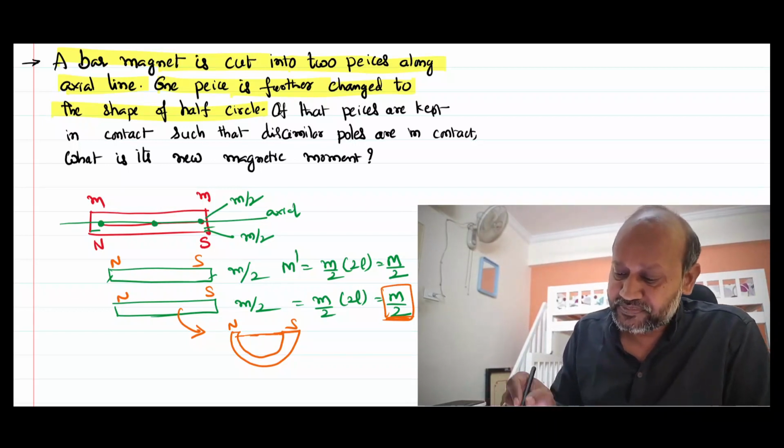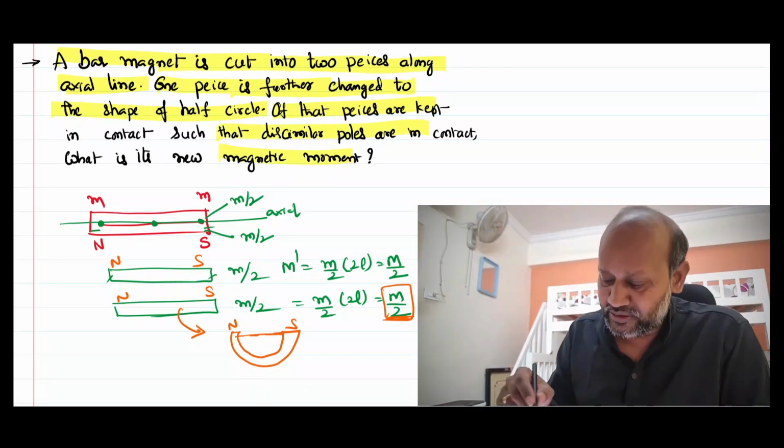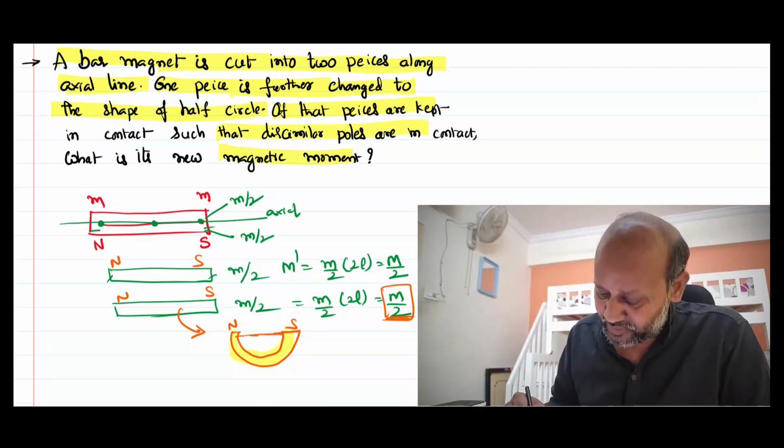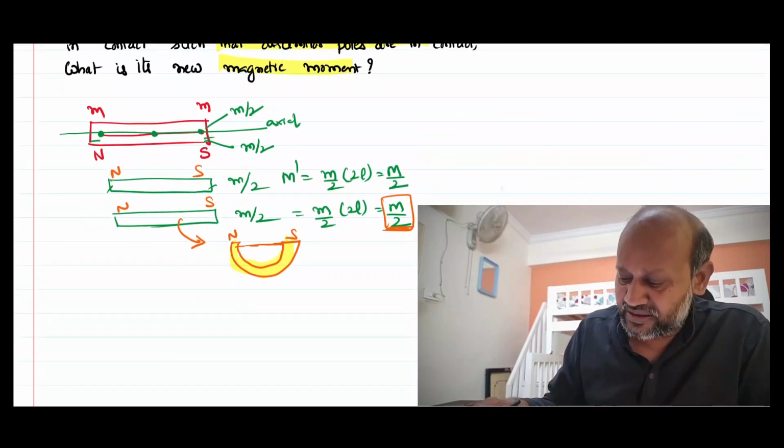Then he is saying that two pieces are kept together. So what is the new magnetic moment? Before going to that part, I need to handle this part. What is the new magnetic moment of this piece? Probably you have seen the previous videos in the playlist.